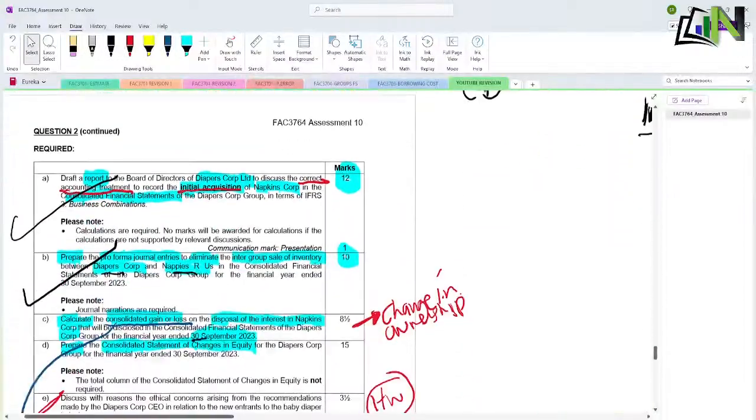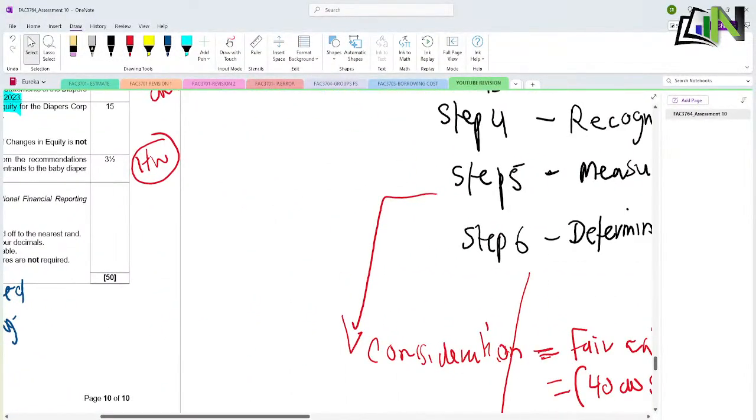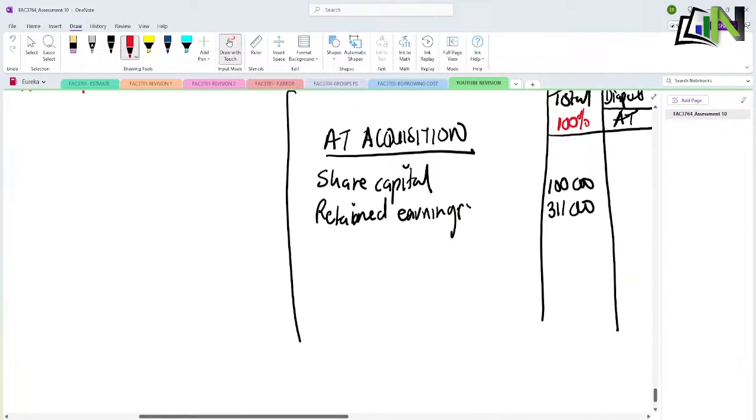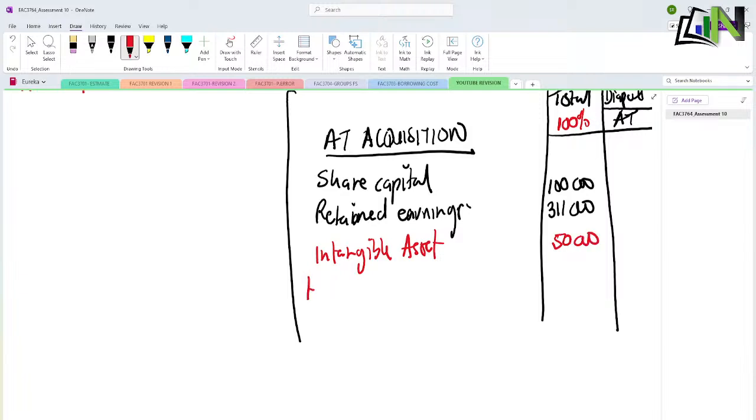All right, we continue with the information we just read. I'm going to put this in red because it's an adjustment. So intangible assets, I am completely ignoring the 45 that was treated as an expense. I'm interested in the fair value. The value was 0, now the fair value is 50, so 50,000 is what I'm interested in. Then the tax effect: because it has an indefinite useful life, it's going to have a capital gain implication.